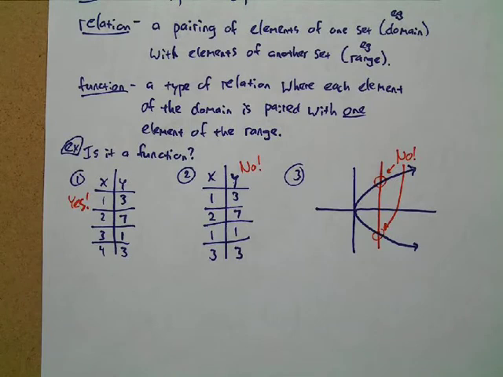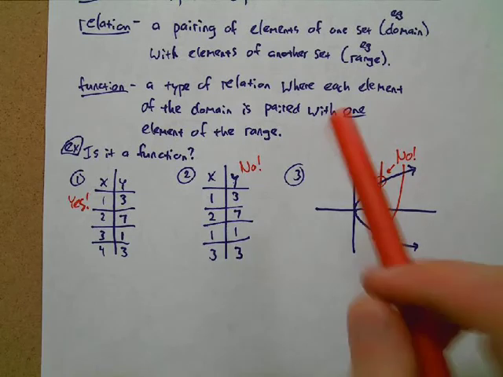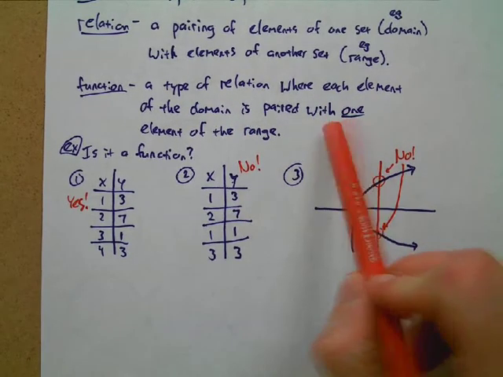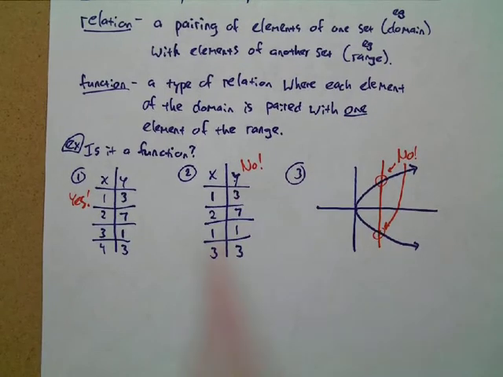If I change this to 3, okay, this 1 would be associated with 3, and this same 1 is also associated with the same 3. So it would still be considered a function, okay? Because that one element of the domain, 1, is paired with only one element of the range. Just because the point happens twice, it still follows the definition.